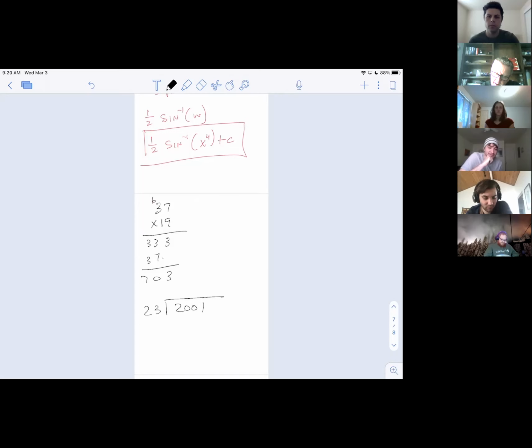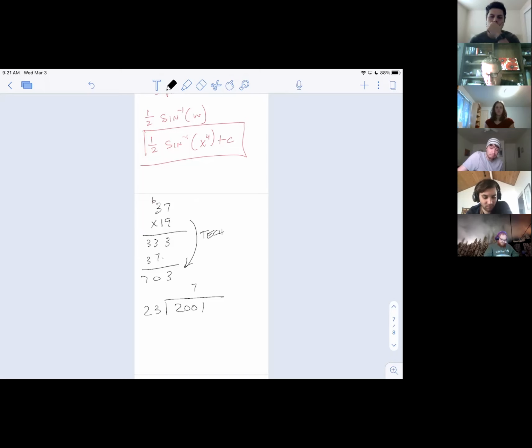When you multiply, there's kind of a technique to it. But when you divide, isn't there guessing and checking involved? Don't you have to kind of try stuff? Like I'm sitting here right now thinking, let's see, 23 goes into 200, I don't know, 7 times. I'm not sure. Is it 7?